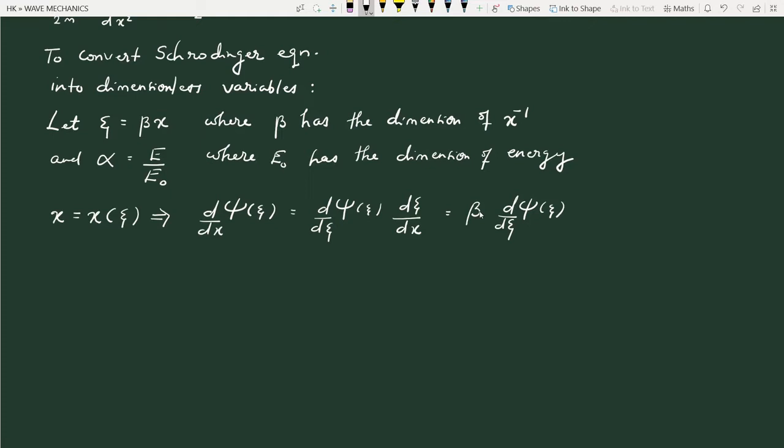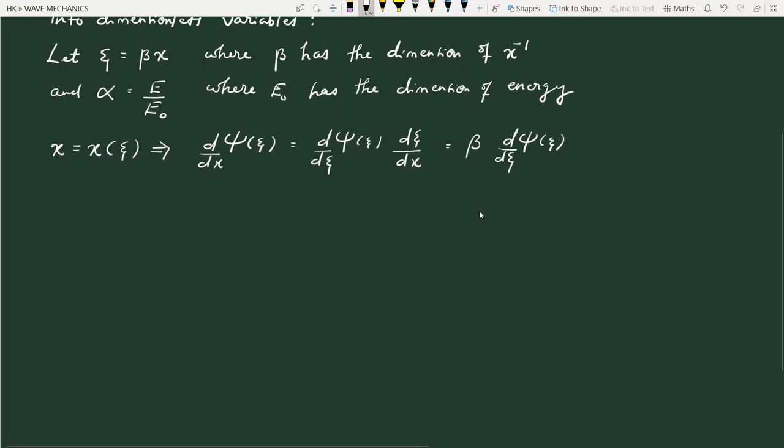So next, d square by dx square of psi theta is equal to, we have to take d by d theta of d psi by dx. But what is d psi by dx? Look at the previous line.